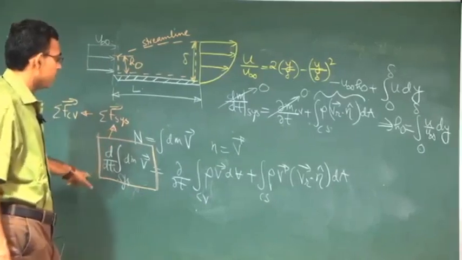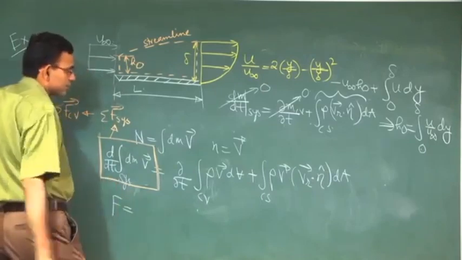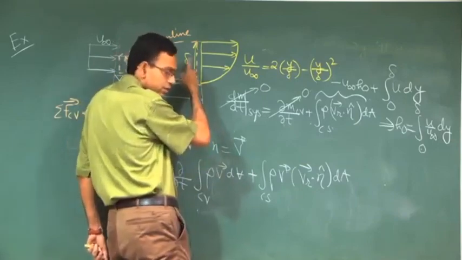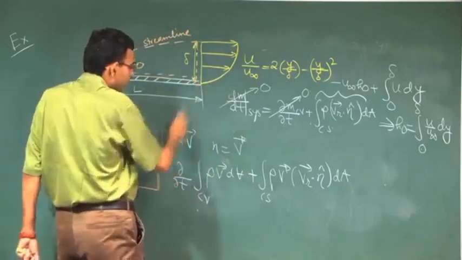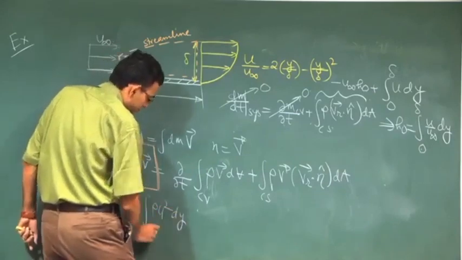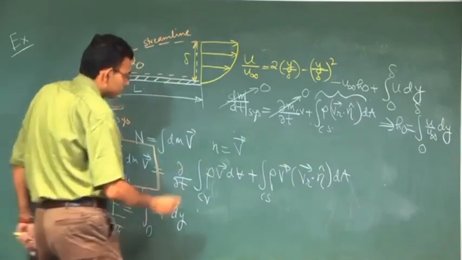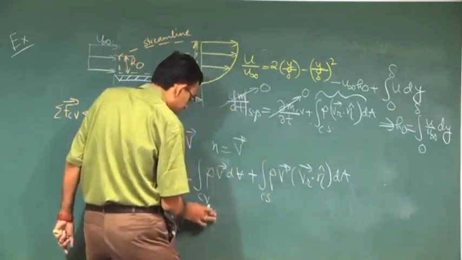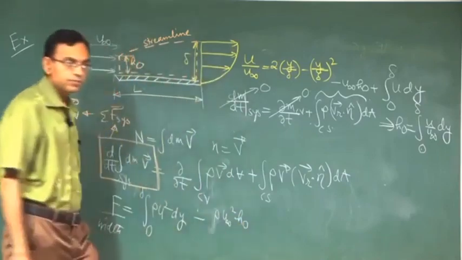Finally we will apply this momentum balance. So the resultant force: rho is fixed, v is also not a function of time, so this term is 0. The next term, one is outflow, so integral rho u square, per unit width, this is outflow, minus this is inflow.